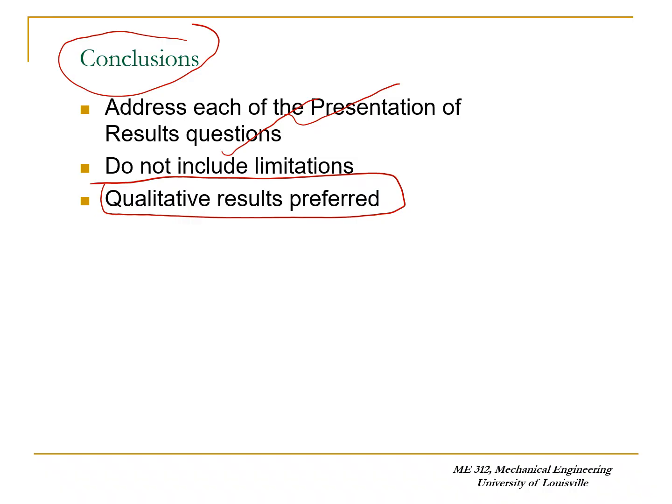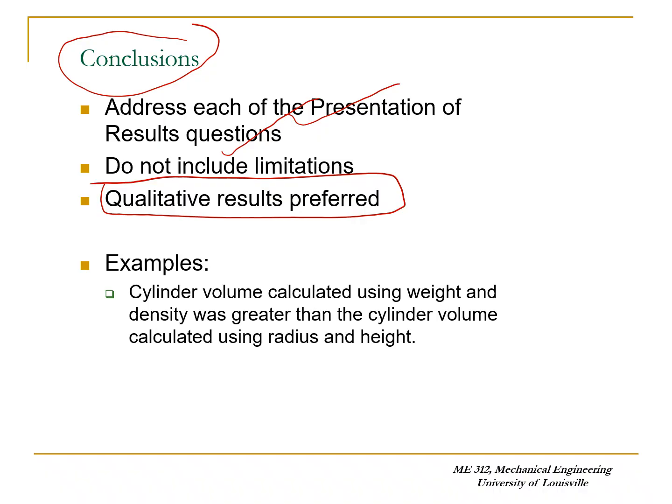Sometimes if it adds value, then you can write quantitatively as well, but it's better to write the results qualitatively. For instance, qualitatively means, instead of writing the volume, you could write that the cylinder volume calculated using weight and density was greater than the cylinder volume calculated using rate. So this is more qualitative in nature. But sometimes if it adds value, then you can write quantitatively as well.